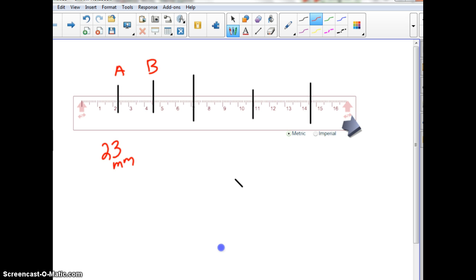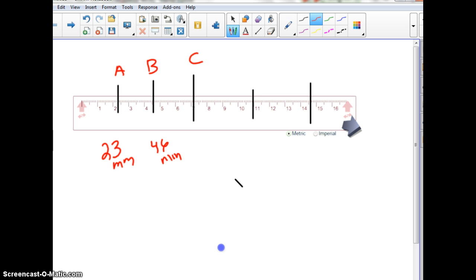How about line B? How many millimeters would B represent? Cole? 46 millimeters. That's the same thing as 4.6 centimeters. Right? How about the next one, C?